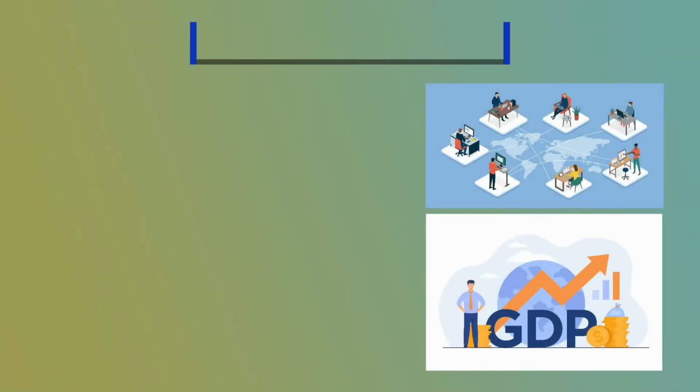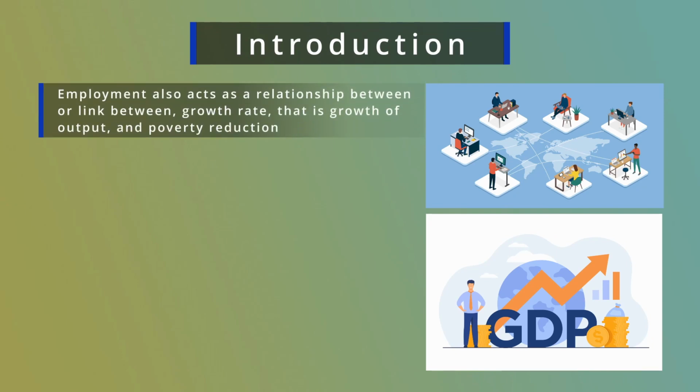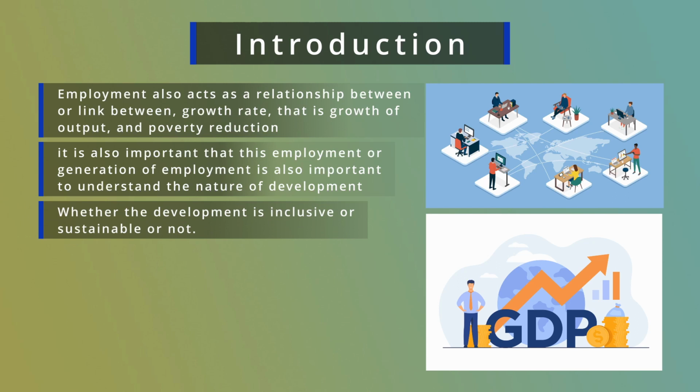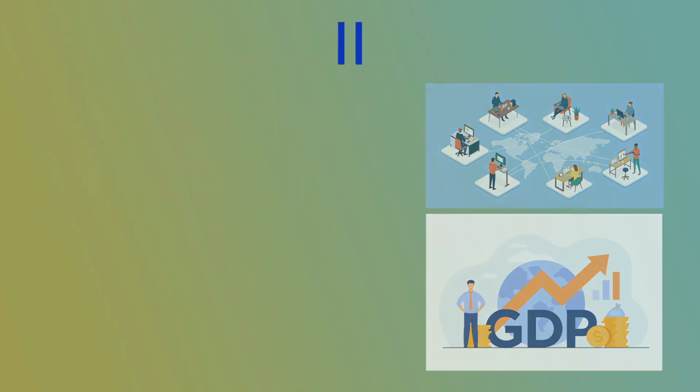Employment also acts as a link between growth of output and poverty reduction. It is also important for understanding the nature of development, that is, whether the development is inclusive or sustainable or not.